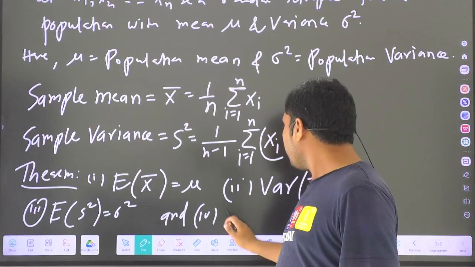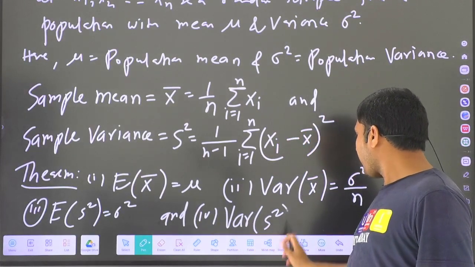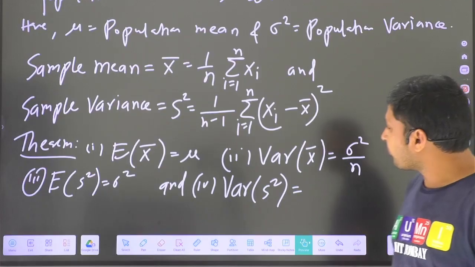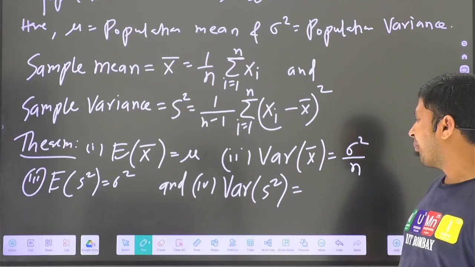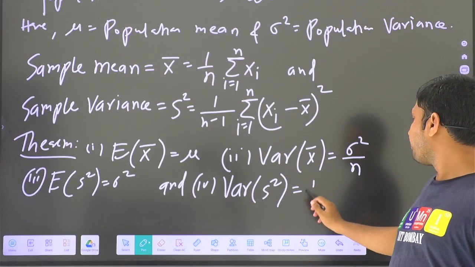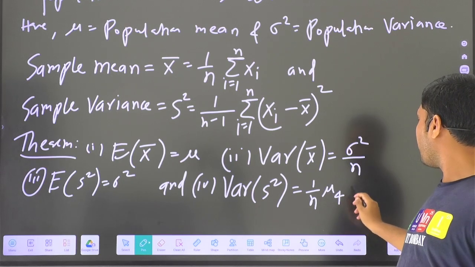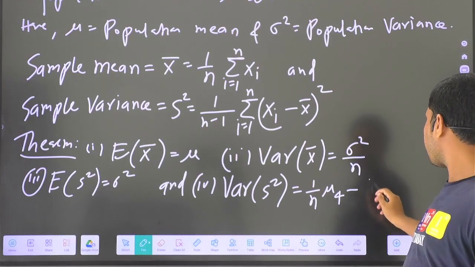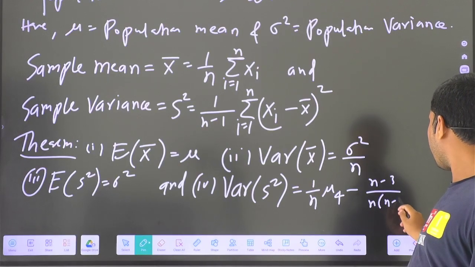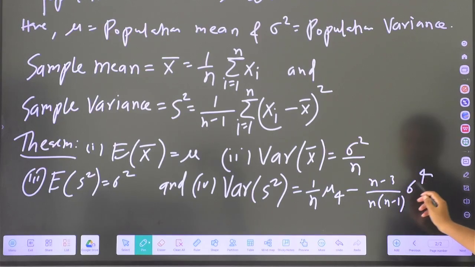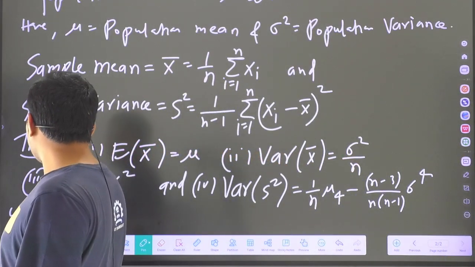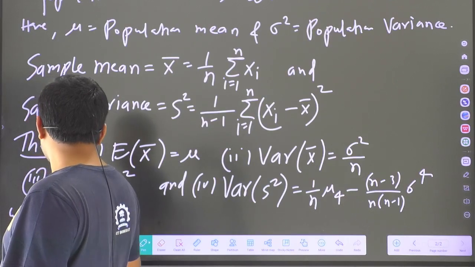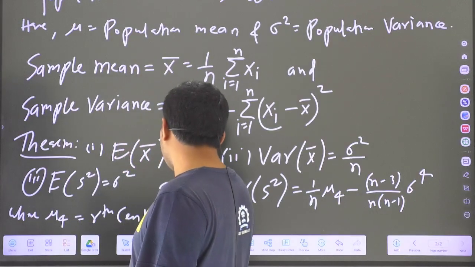And the fourth one, the variance of s square, will be 1 by n mu 4 minus n minus 3 upon n minus 1 sigma 4, where mu 4 is the fourth central moment.